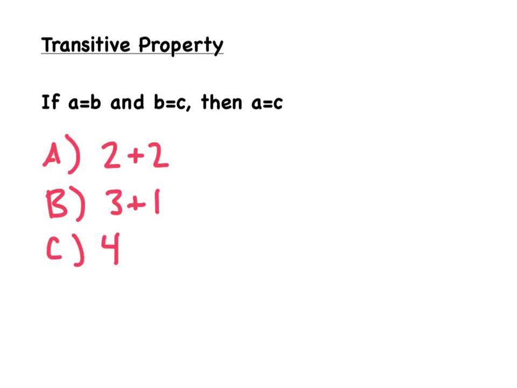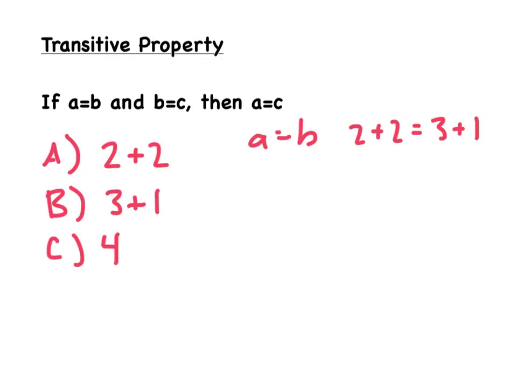So if we have A is equal to B, that basically means 2 plus 2 is equal to 3 plus 1, which it does, because 2 plus 2 is 4, 3 plus 1 is 4.